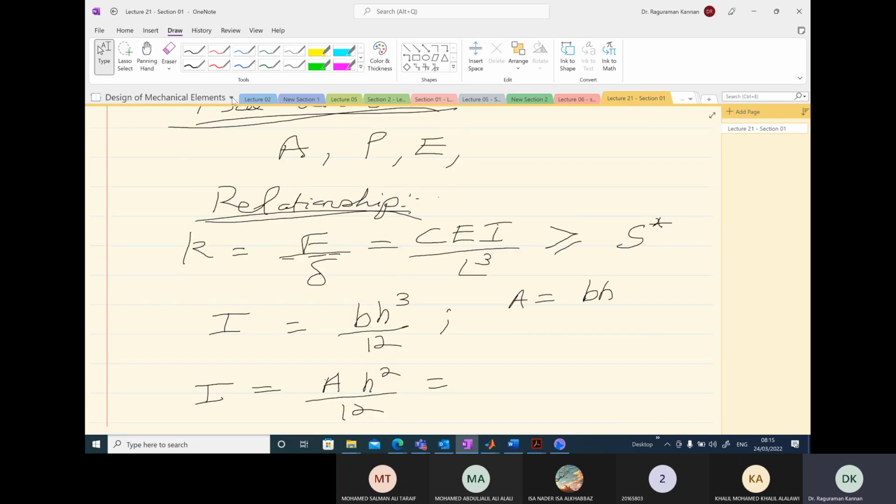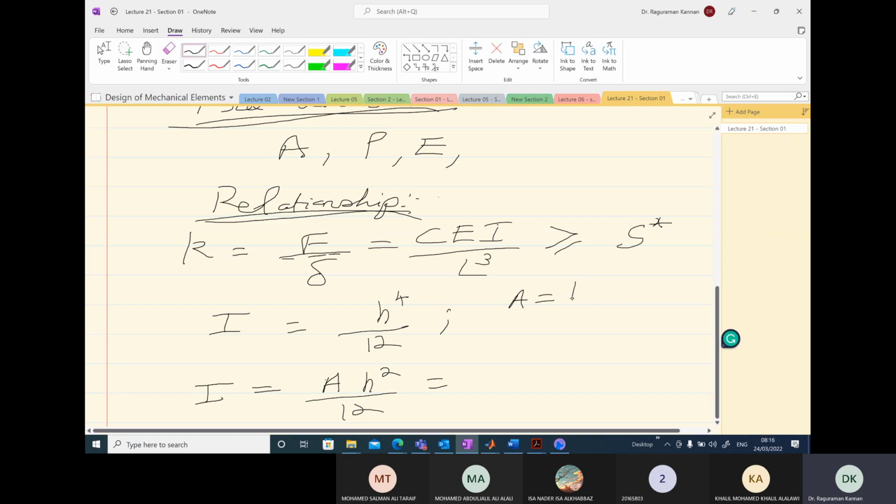In that case, we can rewrite the entire formula in terms of one parameter, and this will become h raised to the power 4 over 12. And your area simply becomes, in the case of a square cross section, h square. So it becomes simple.